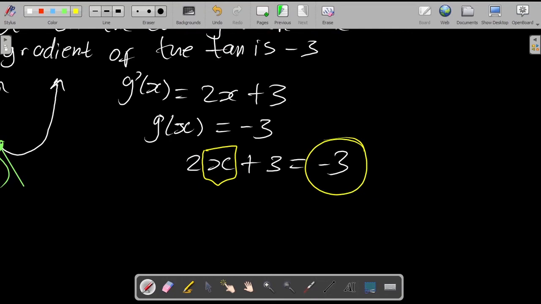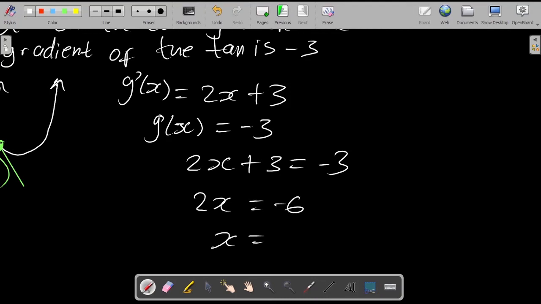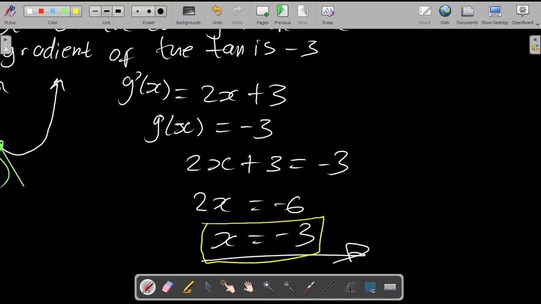So we know the gradient, but we don't know where the gradient holds. So that is what we want to find. We want to find the x coordinate and later on the y coordinate. So this answer basically means that at x equals -3, we have that gradient.